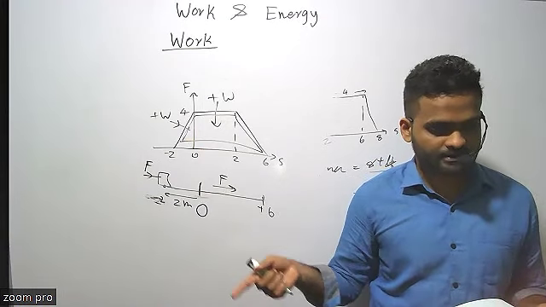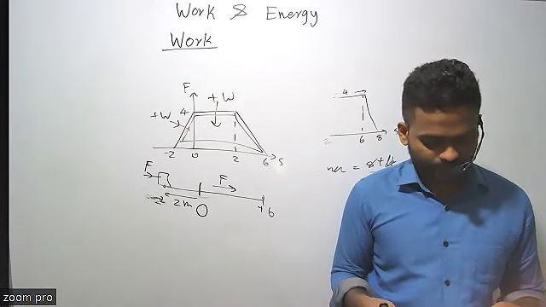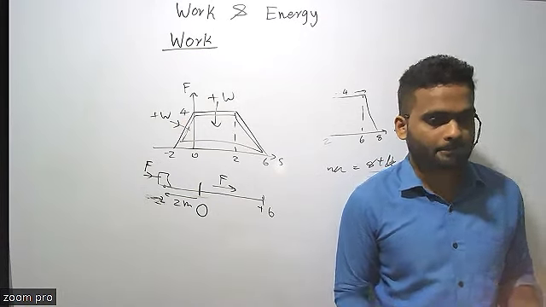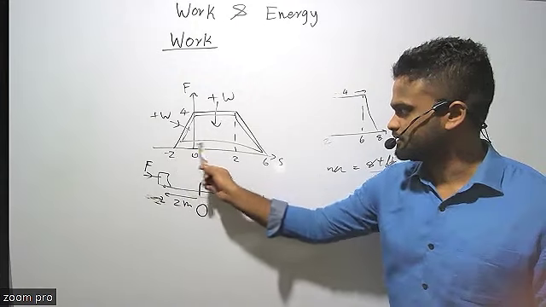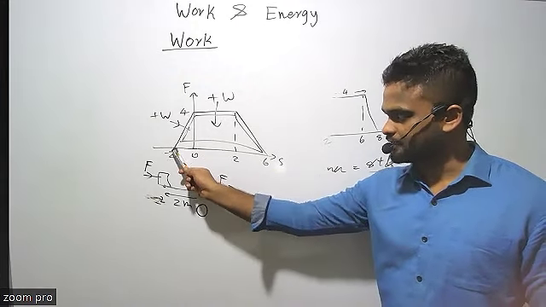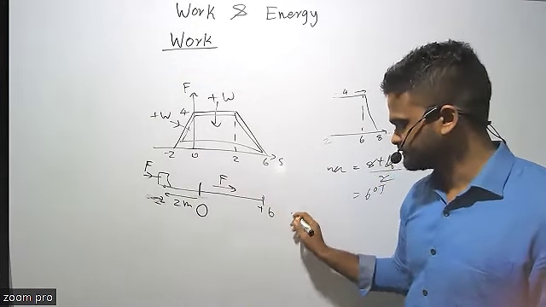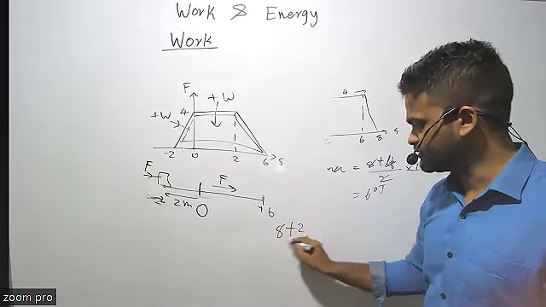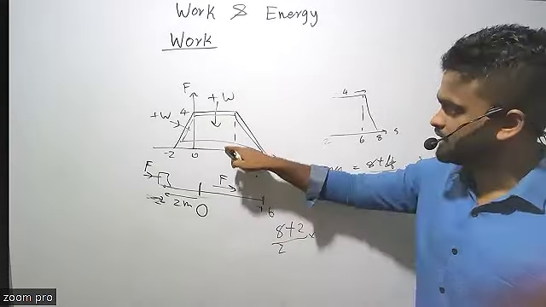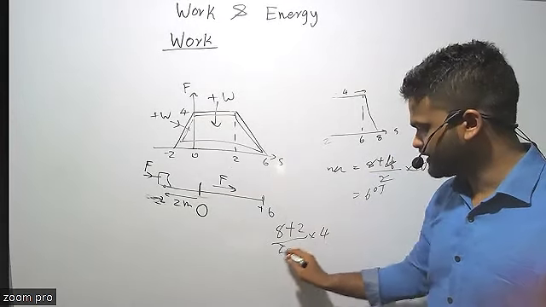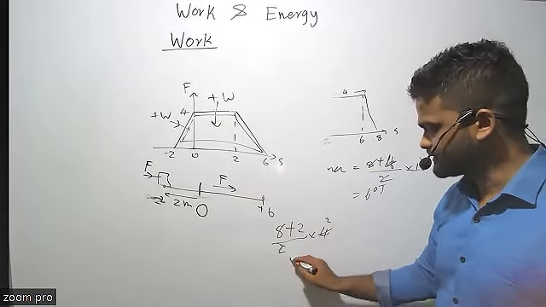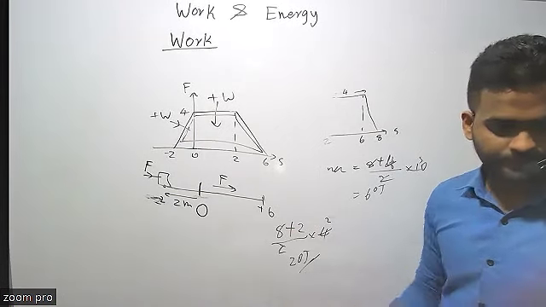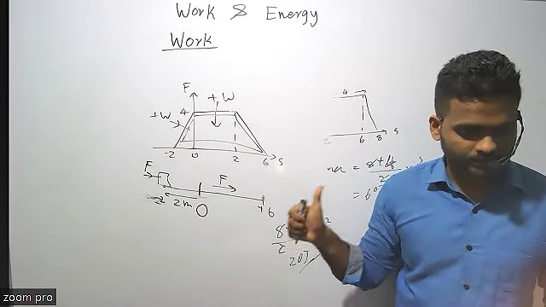So send me the answer. From here to here 6, here to here 2, so this is 8. 2 plus 2 divided by 2 times height 4, that is 10 times 2, so it is 20 joules. Got it? If you have taken it down, thumbs up.